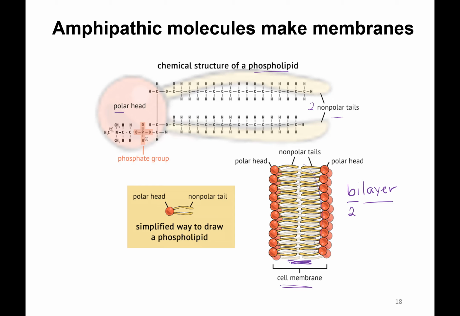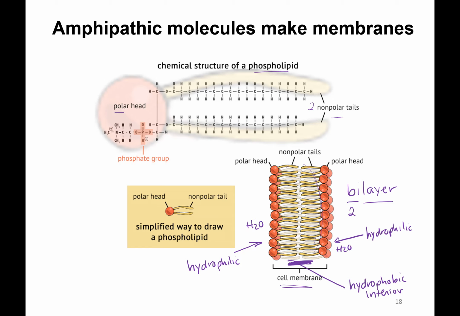The tails make up a hydrophobic interior. And then we have the 2 hydrophilic sides that interact with water.